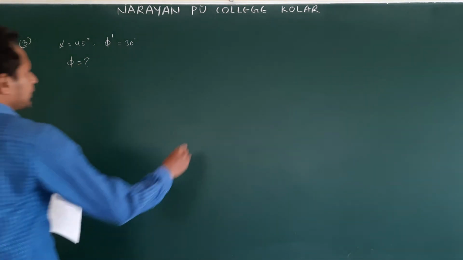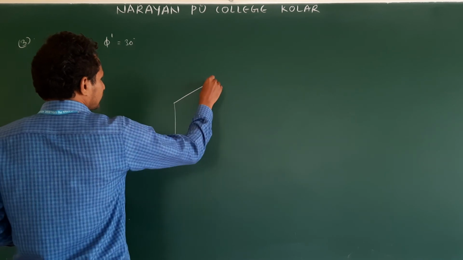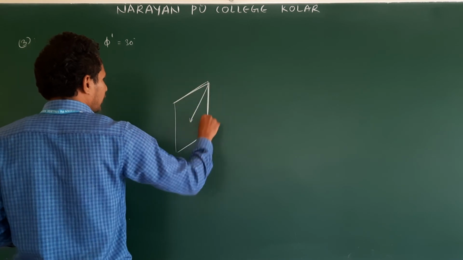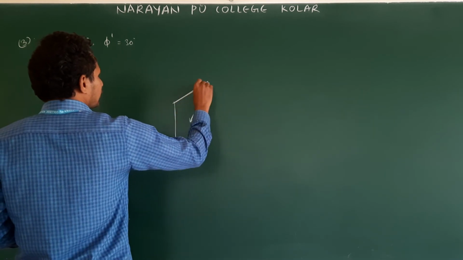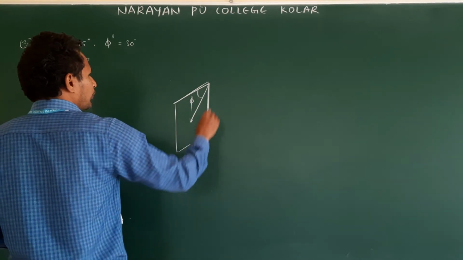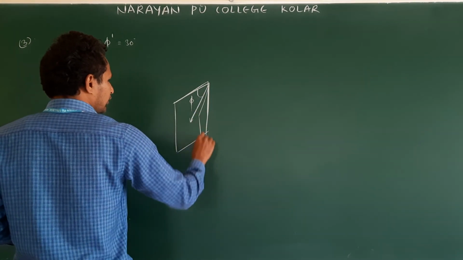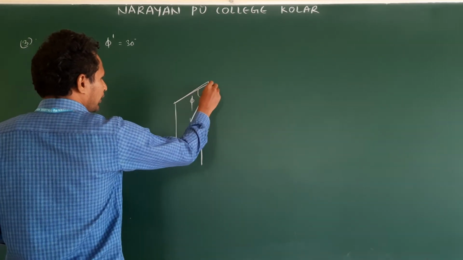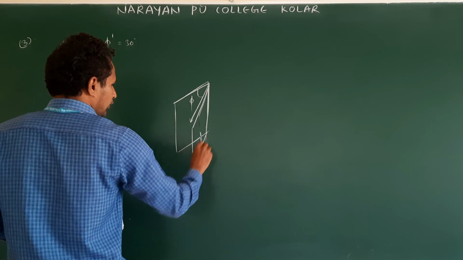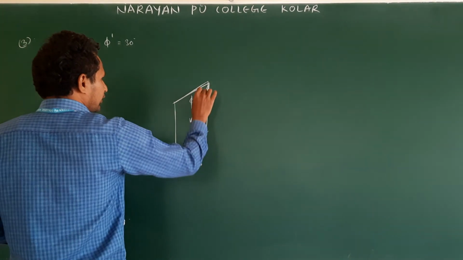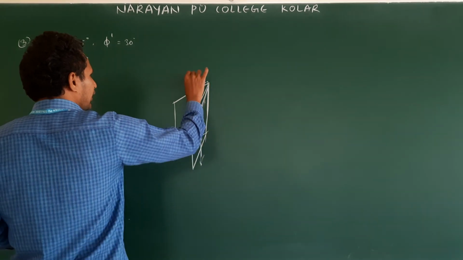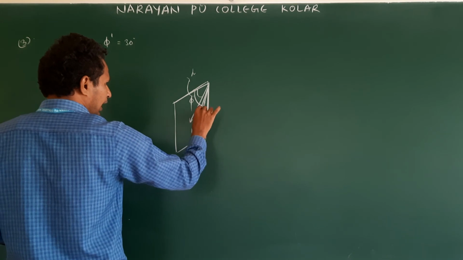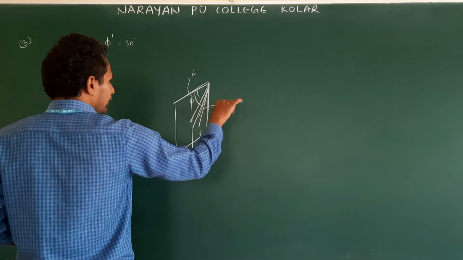So in the last class I explained, this is a magnetic meridian plane, vertical plane. Clear? This is true dip. If you take another plane like this, the angle between two planes is alpha, and in this new plane, this is apparent dip, this is phi dash.